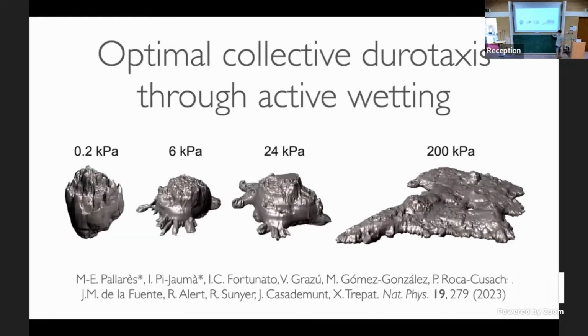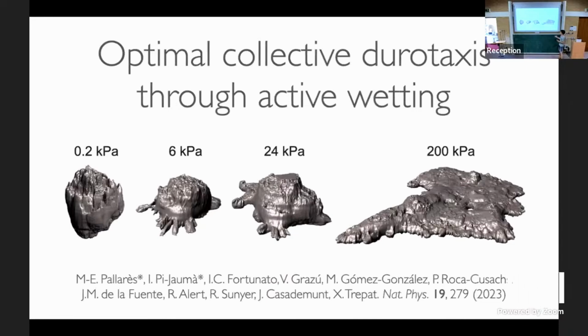So the first part of the story is about work that tries to generalize the idea of wetting to active fluids, and then uses this to understand collective durotaxis. So durotaxis in groups or clusters of cells, and in particular how to make collective durotaxis optimal, meaning that there's a particular substrate stiffness at which durotaxis is fastest.